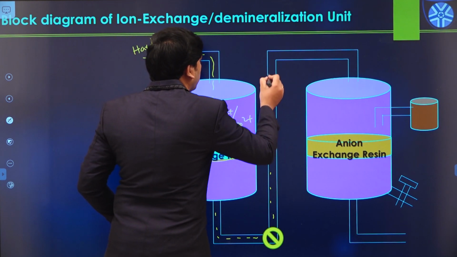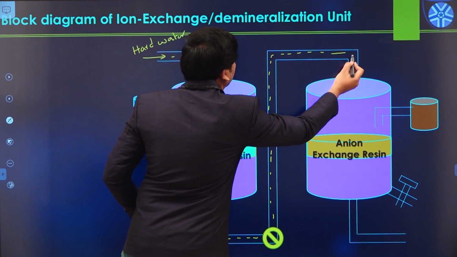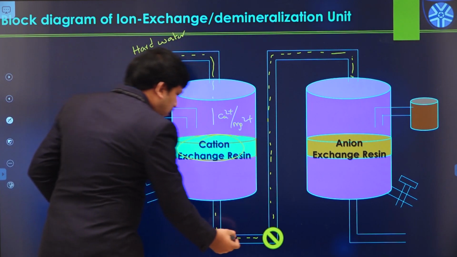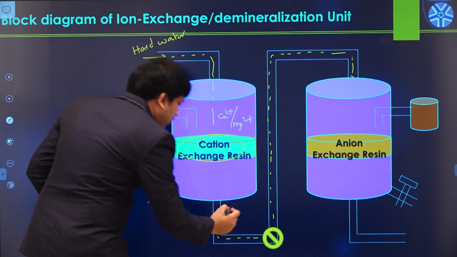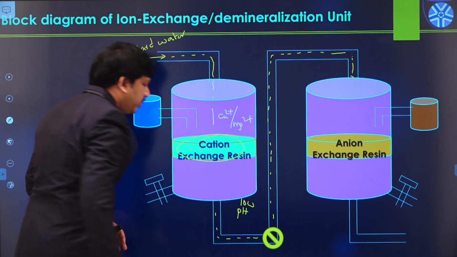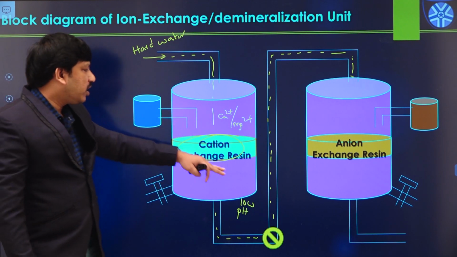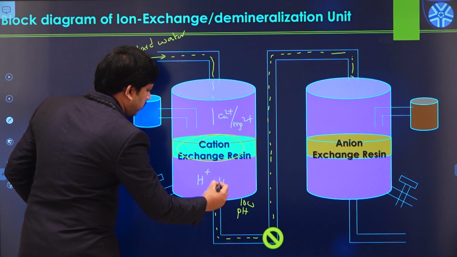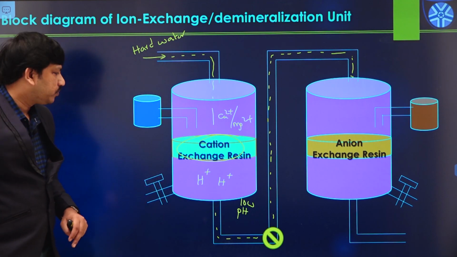The remaining water goes to the second chamber like this. And if you see the water pH value at this stage, it is very low pH. Low pH is available in this water because there is release of more number of protons into the solution.